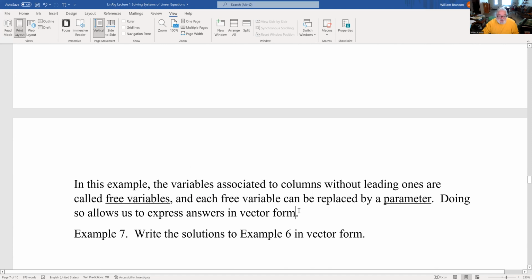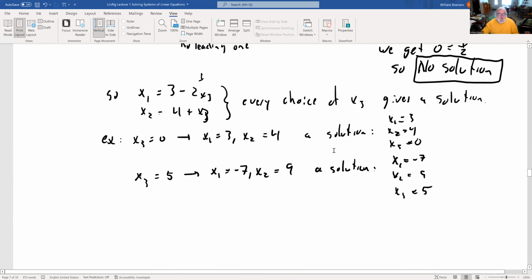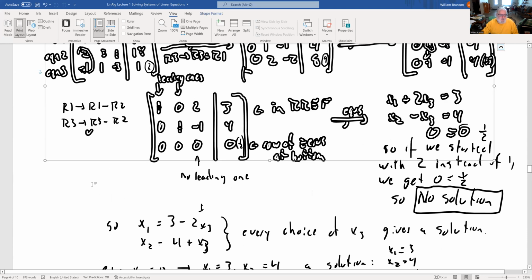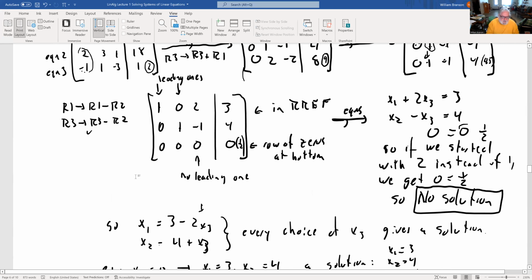Any variable associated column that doesn't have a leading one is called a free variable, and that can be replaced by a parameter. So the column for X3 here, which has no leading one, means that X3 is a free variable.